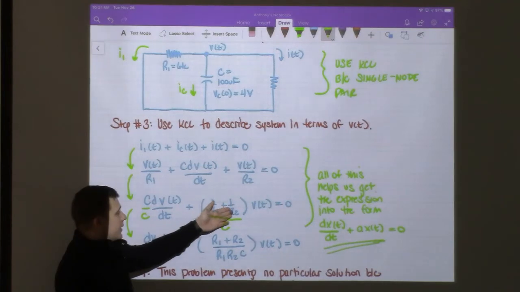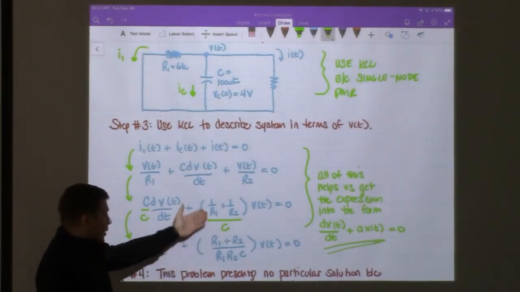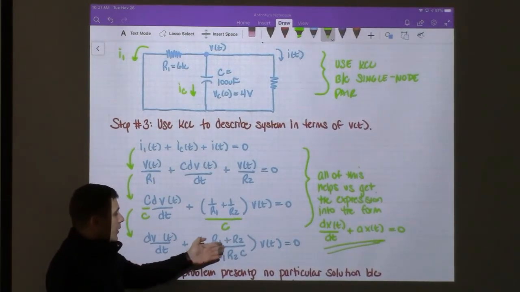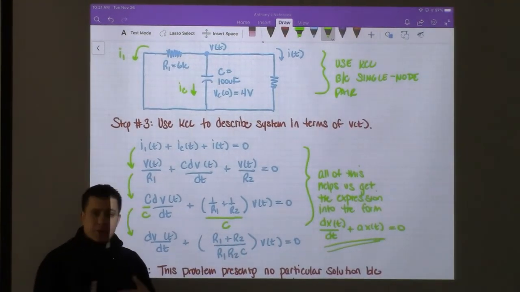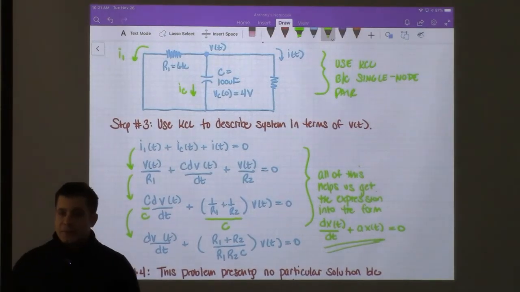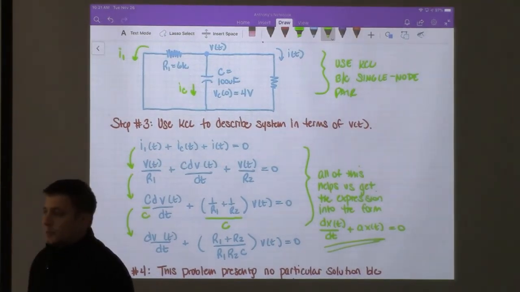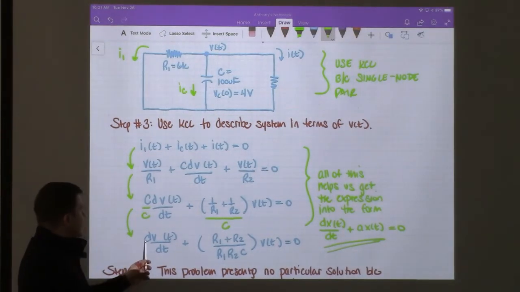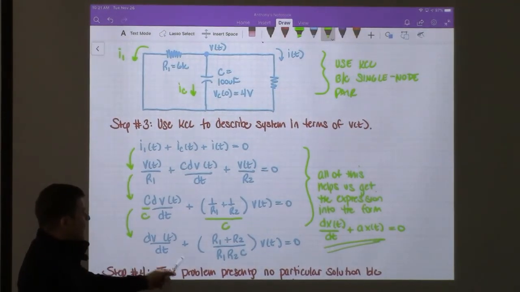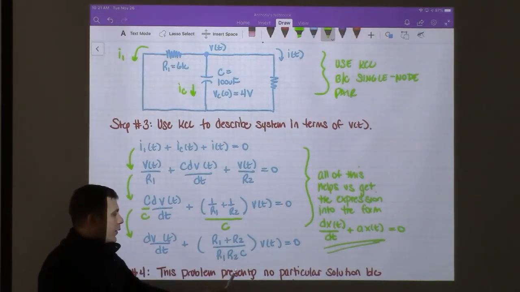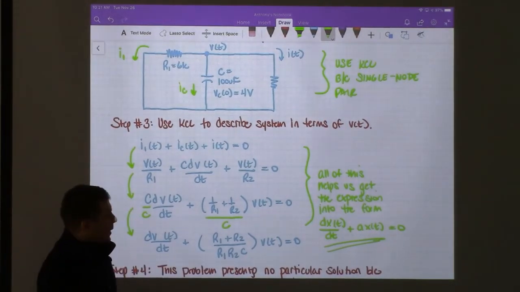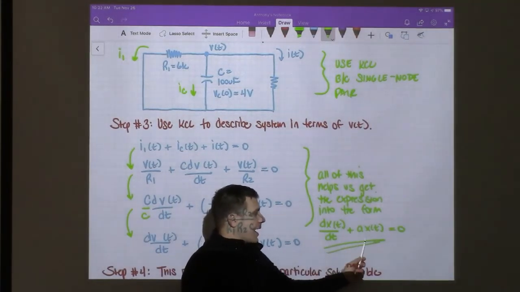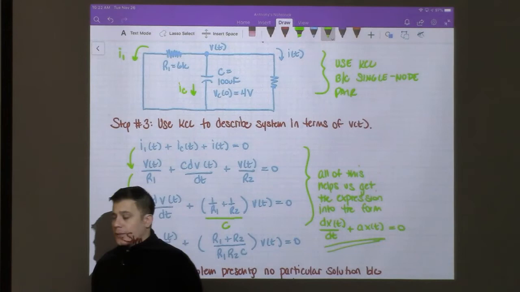And what that will give us, if you combine all three of these values together, is R1 plus R2 over R1 R2 C. So I used common denominators and added them together and then multiplied by the 1 over C. And so that gives us dV dt plus this whole thing times Vt equals 0. And this is similar to the form, again, dx dt plus ax equals 0.